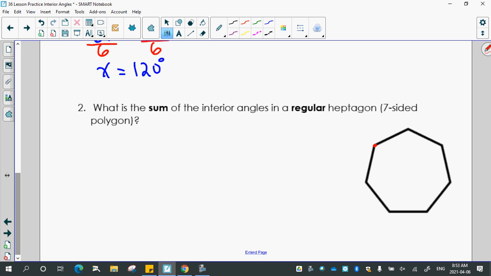Pick a vertex to start from. And then I can't draw to that vertex because it's just a line, but if I draw to the next one, I've made a triangle. Starting here, the next vertex down, I can make another triangle. The next vertex down, I can make another triangle. The next one down, I can make another triangle. And then there's one triangle left over.